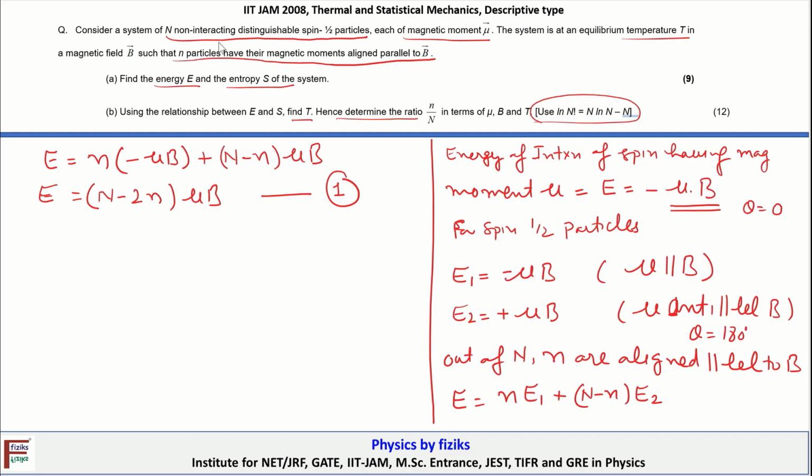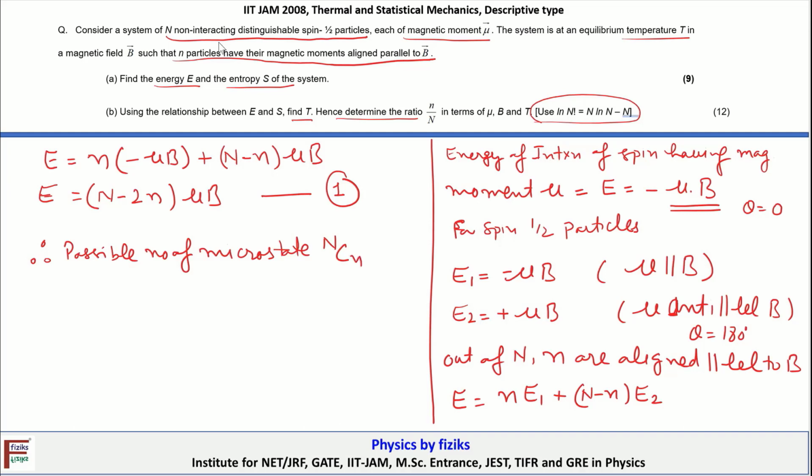Now, in order to determine the entropy of the system, we need to find the possible microstates. That means a situation in which out of the N spins, n are aligned parallel to the field and N minus n are aligned anti-parallel to the field. The possible number of microstates is N choose n.